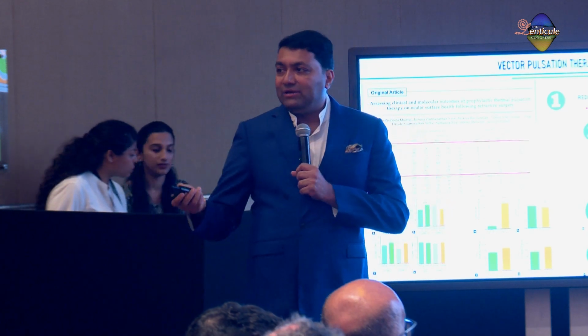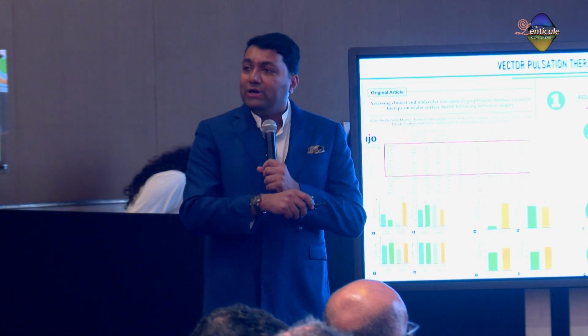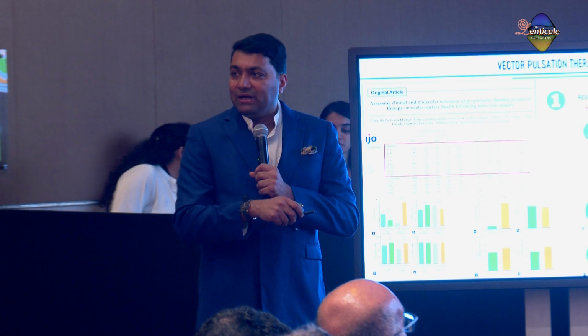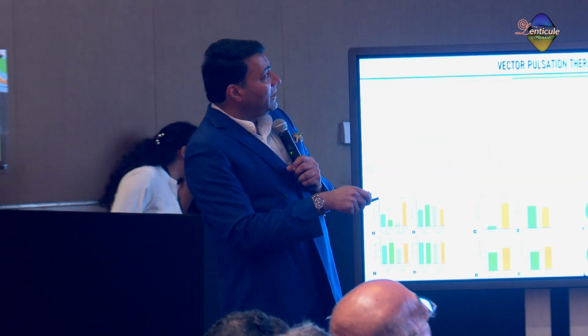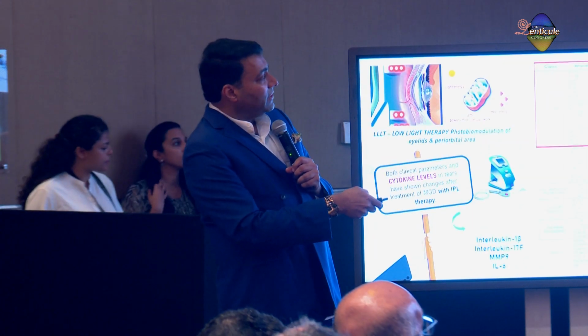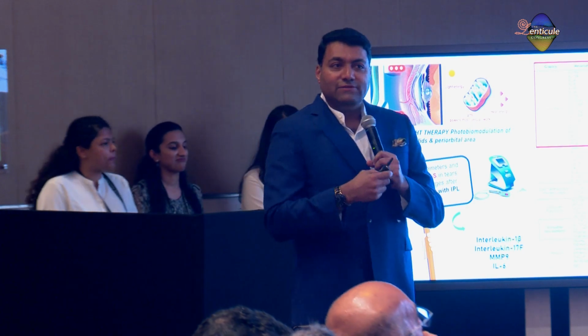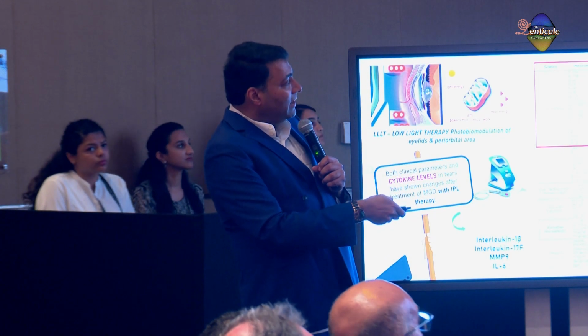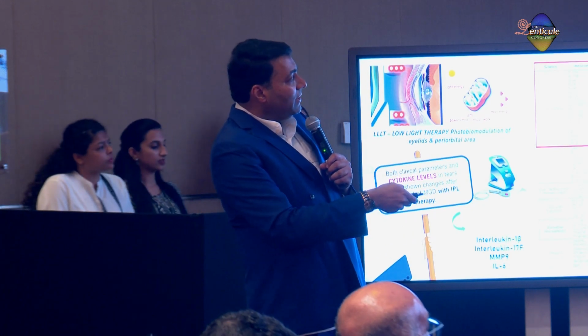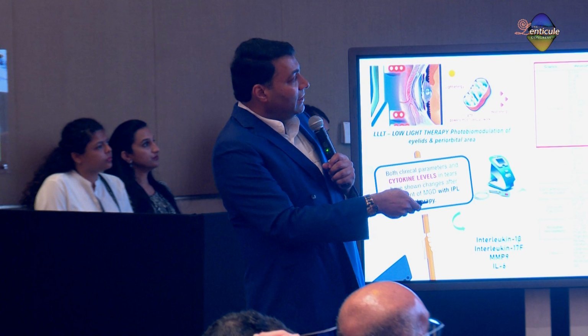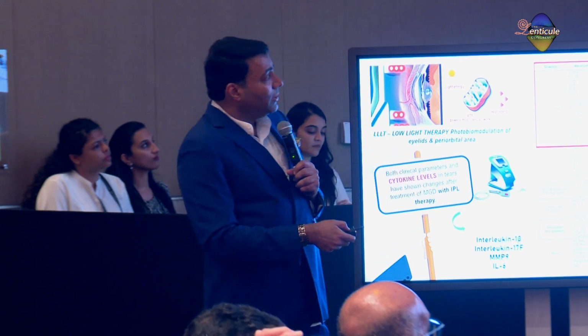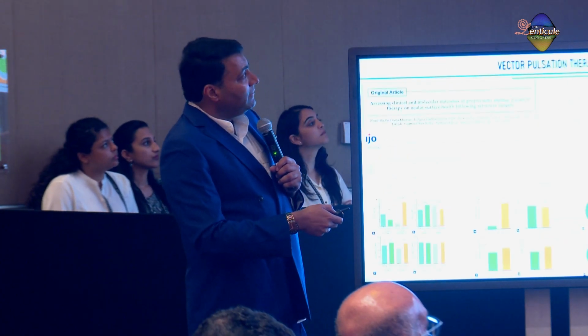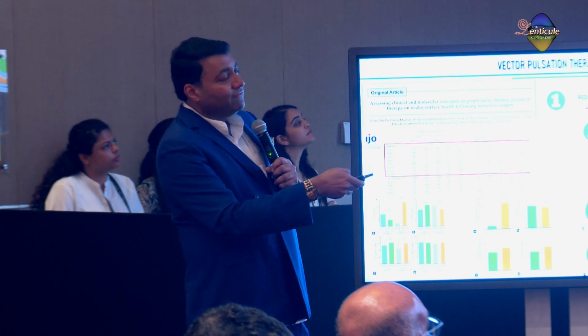I did an iLight, it didn't work well. This is a very good answer why it doesn't work well sometimes. For example, the pathways of ocular surface pain, healing, inflammation may be completely driven by it. This might be modulated by your iLight or your MiboFlo. But what is important is the vector pulsation works on completely different pathways.